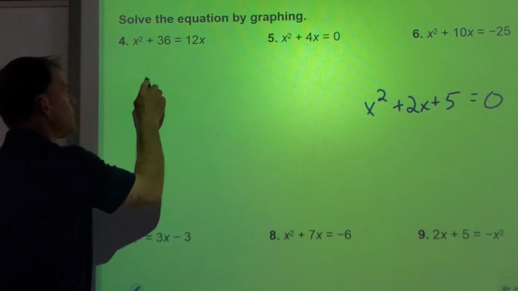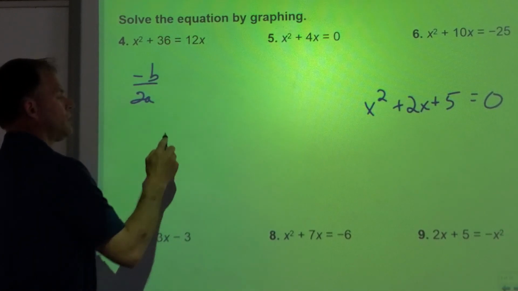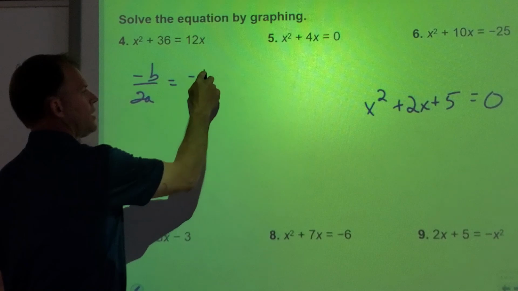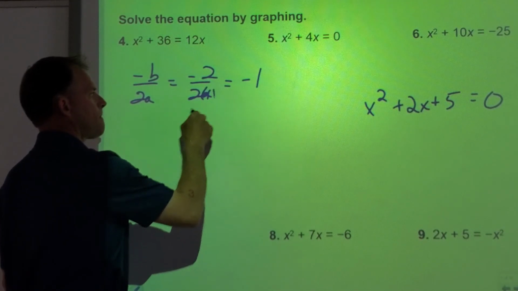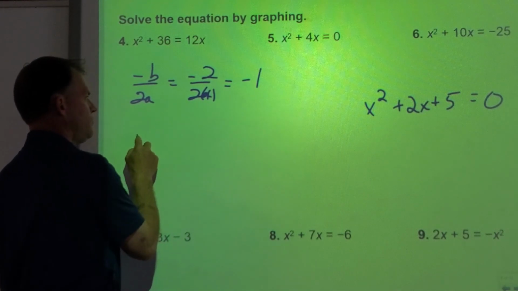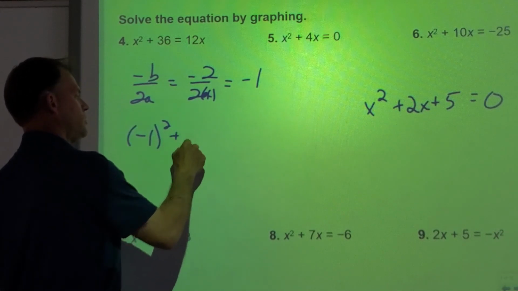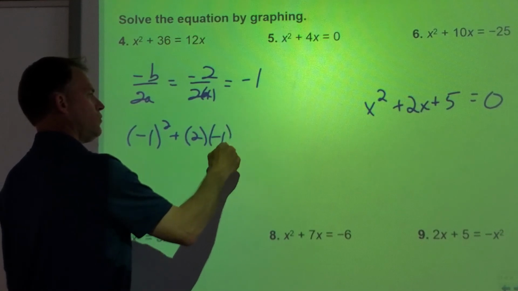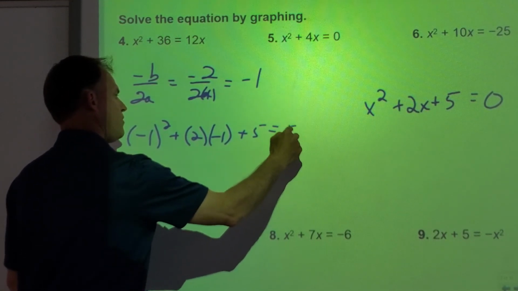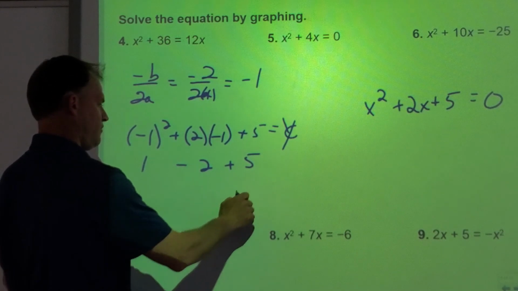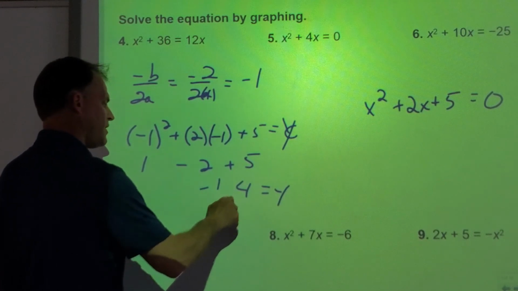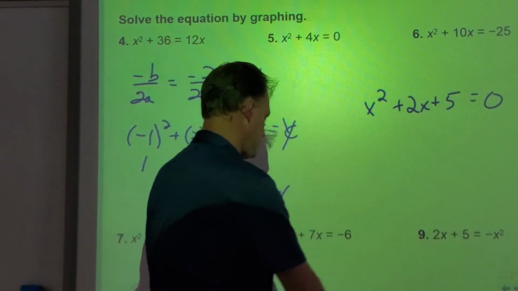That's just how it goes. Negative b over 2a. Negative 2 over 2a equals negative 1. So then I plug in negative 1. Negative 1 squared plus 2 times negative 1 plus 5. 1 minus 2 plus 5 is 4. So I have negative 1 comma 4 is my vertex.